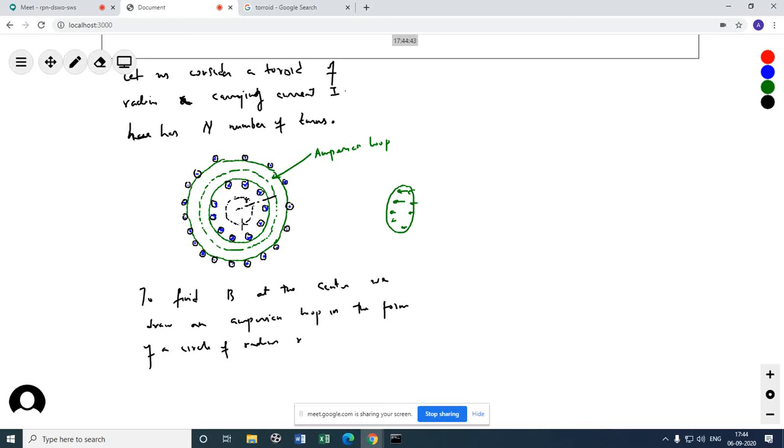This is also R. Let me name this L1. Let's say this is L2, and another one is there which is outside. So there are 3 loops we have drawn.